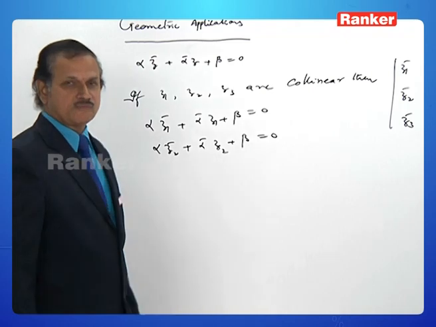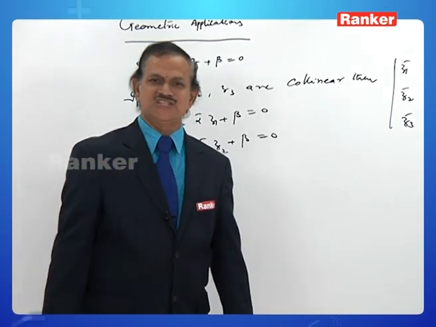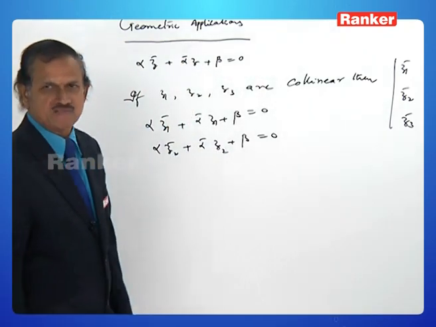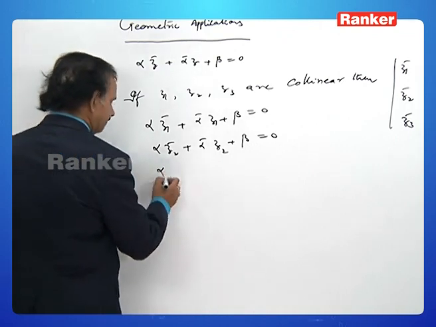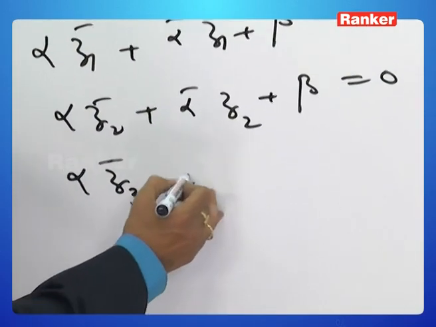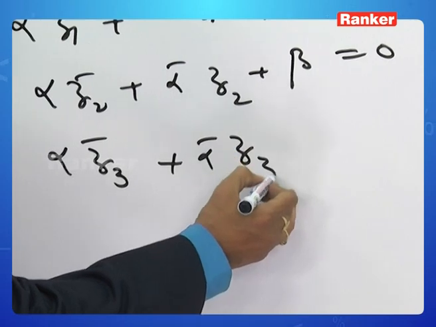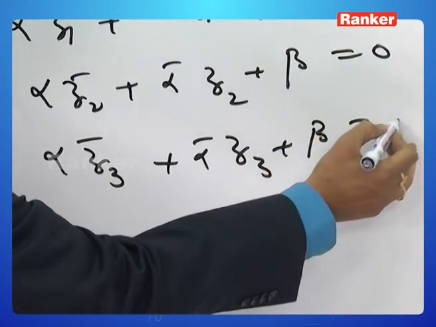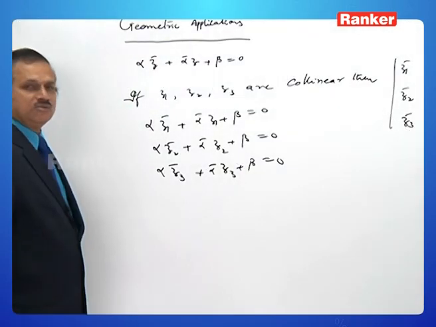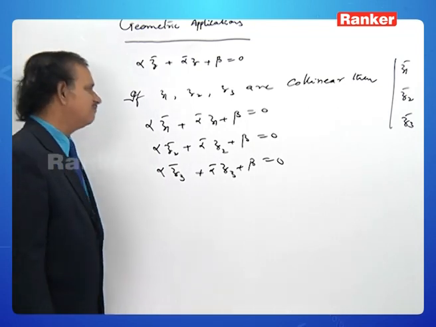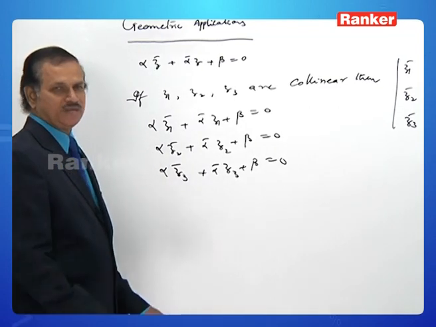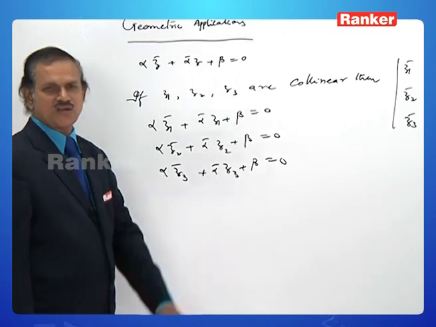Now let us make use of the third point, Z3, also to lie on the standard form of the line. Then alpha Z3 bar plus alpha bar Z3 plus beta is equal to 0. You just eliminate alpha, alpha bar and beta among these three equations.